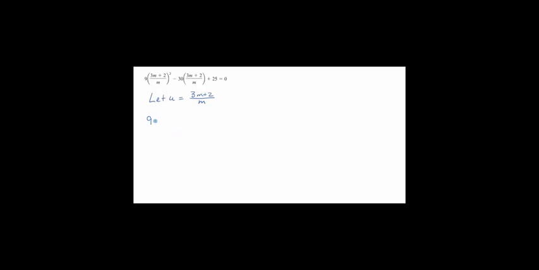Rewriting the equation, you see, yes, it's a much simpler equation. And when I go to factor that, it's going to be 3u minus 5 quantity squared. So of course 3u minus 5 equals 0, 3u equals 5, and u is 5/3.